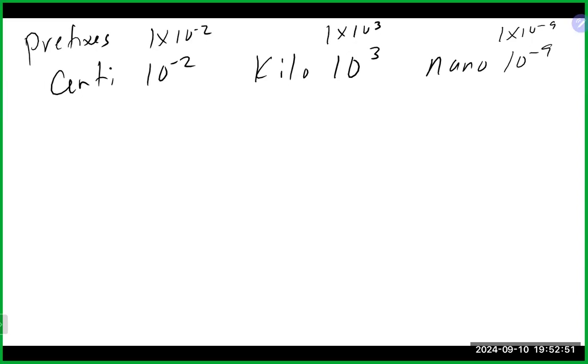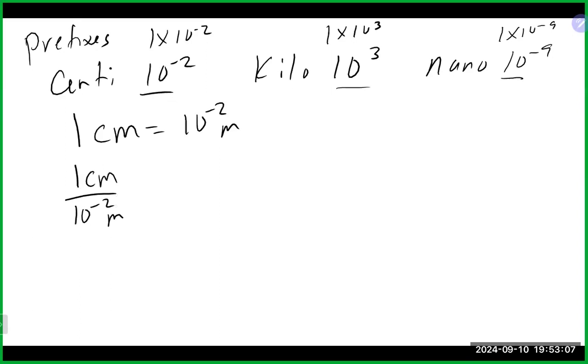So this is how much there is in the base unit to one of the prefix units. So in 1 centimeter, there would be 10 to the minus 2 meters, which gives you 2 conversions that you could use.